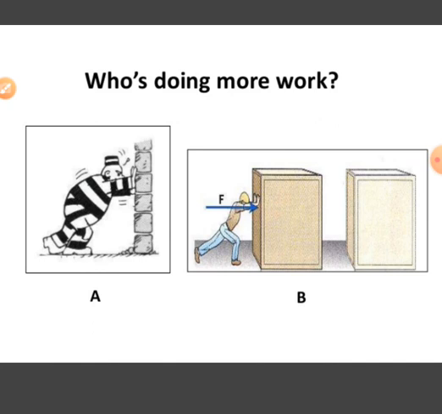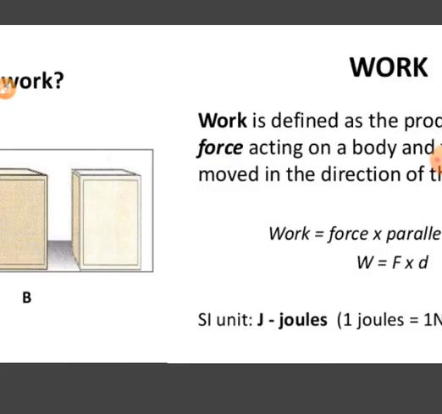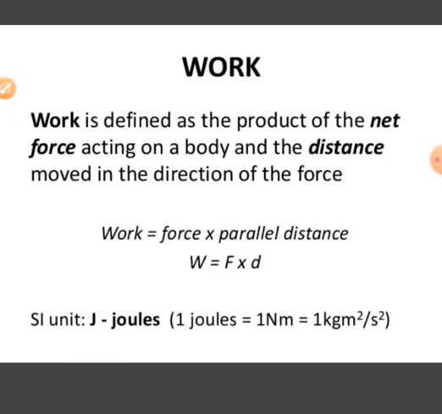Let's go on to the definition. Here we have work. Work is defined as the product of net force acting on a body and the distance moved in the direction of the force. As you can see, work is equal to force multiplied by the parallel distance. That means without distance covered, work cannot be done.